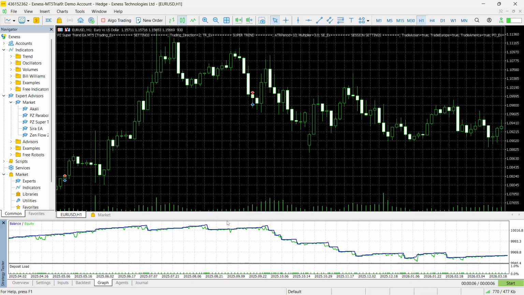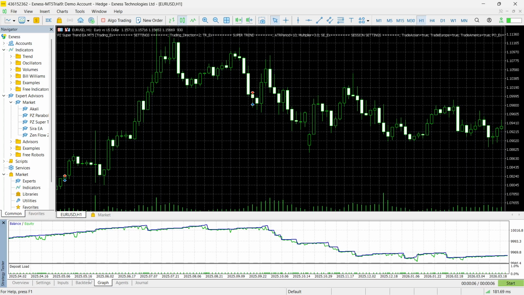The equity curve started to step down. You see a peak, then a series of drawdowns, each one taking the balance a bit lower, followed by a long, almost flat period where the EA is basically chopping around without making new highs.